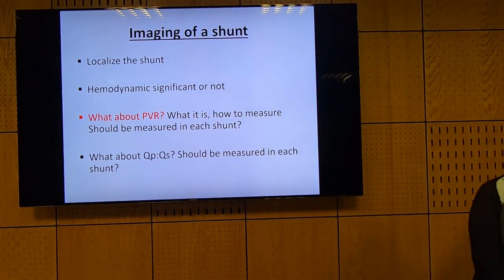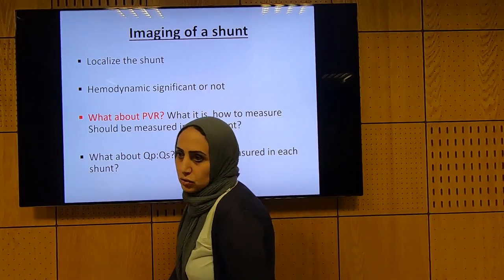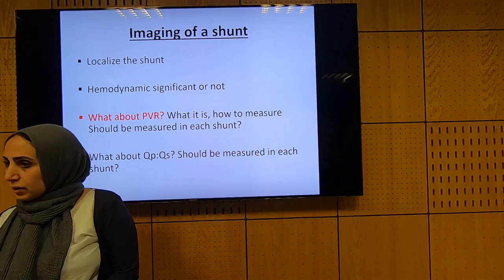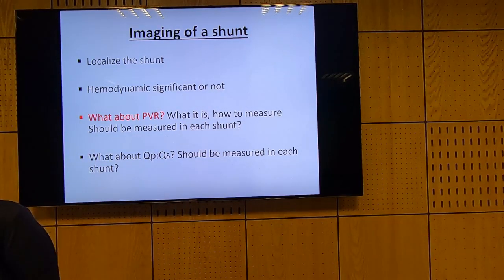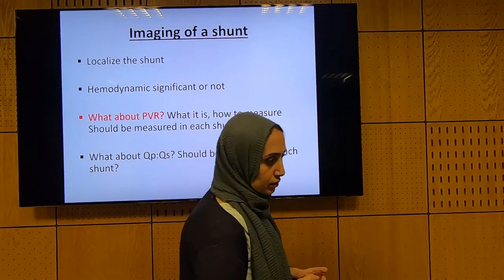Okay. So let us say that the first two questions are mandatory to answer. You have to localize the shunt. You have to say in which direction the shunt is shunting the blood. And the second point is whether the shunt is hemodynamically significant. The two points, or two arms, for the significance are the volume overload and the pulmonary artery pressure increase.